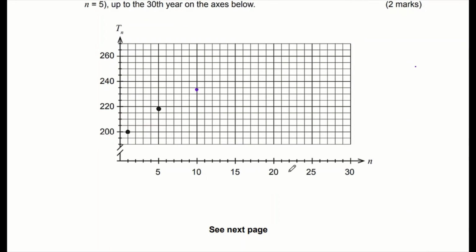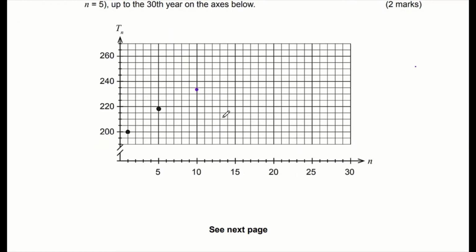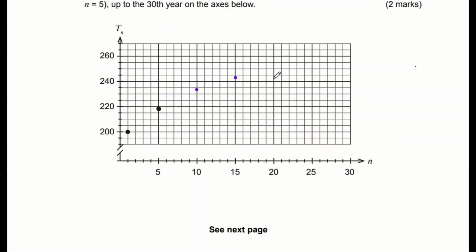Then you move on the same way for 15. The 15th value is 244, so 244 is somewhere between 240 and 250, here. Then we move on to the next one. For the 20th term, we have 252, so slightly higher than 250.